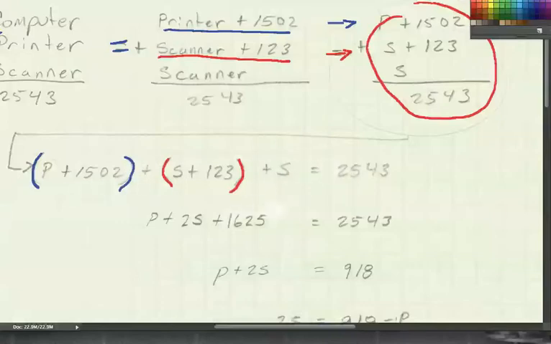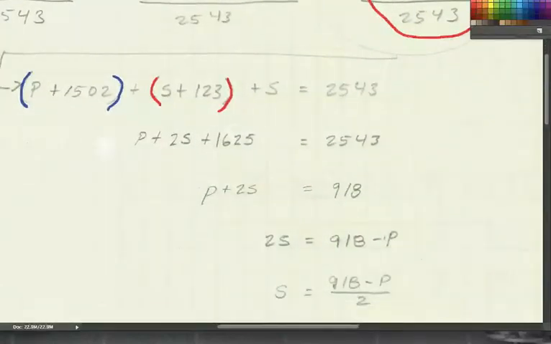So what I'm going to do is combine all this stuff. First, I take this plus this, and that's going to equal this amount right there. S plus S equals 2S, and then the P again standalone.